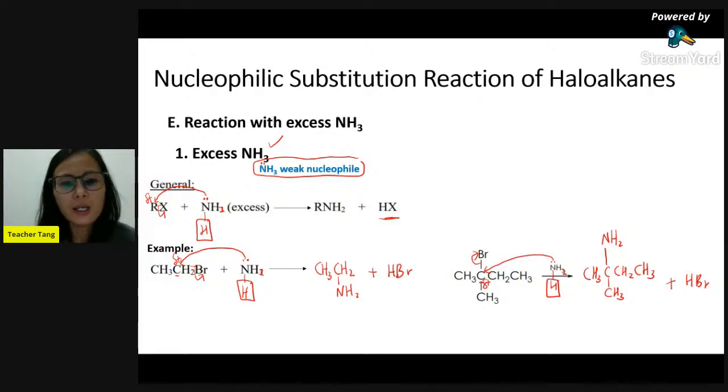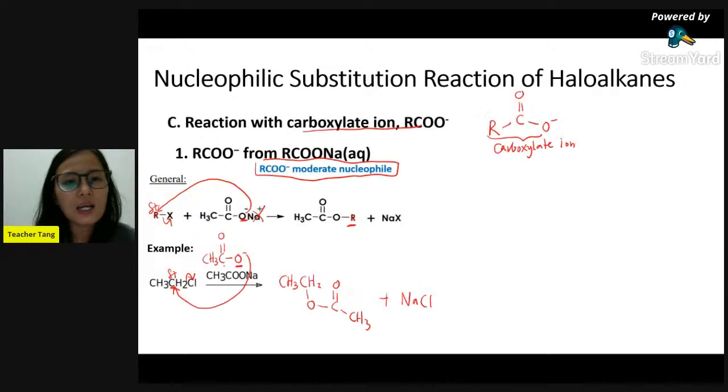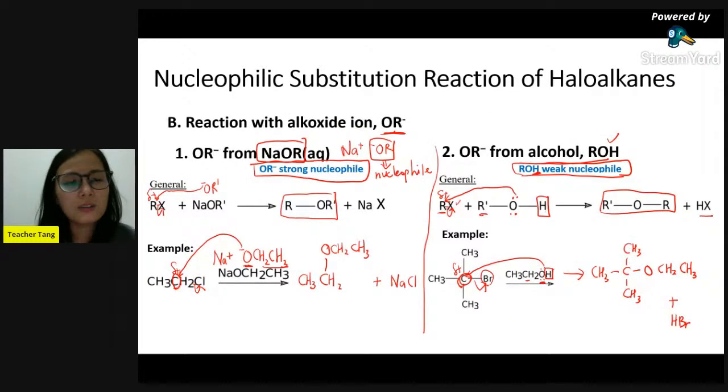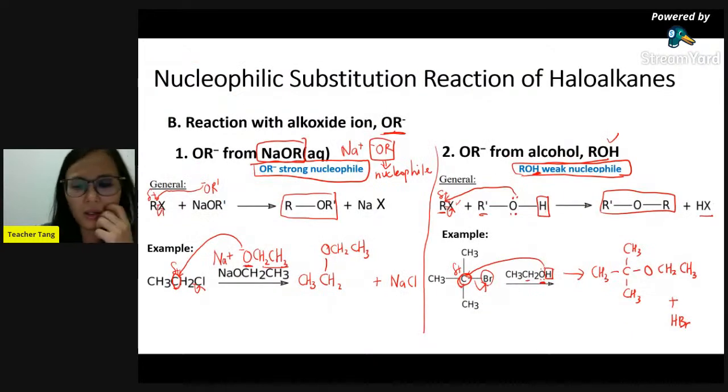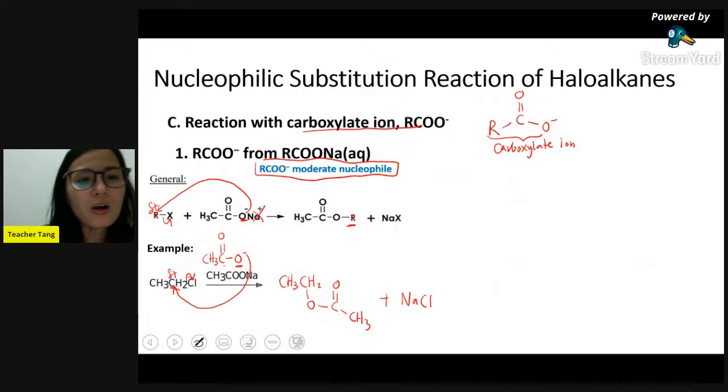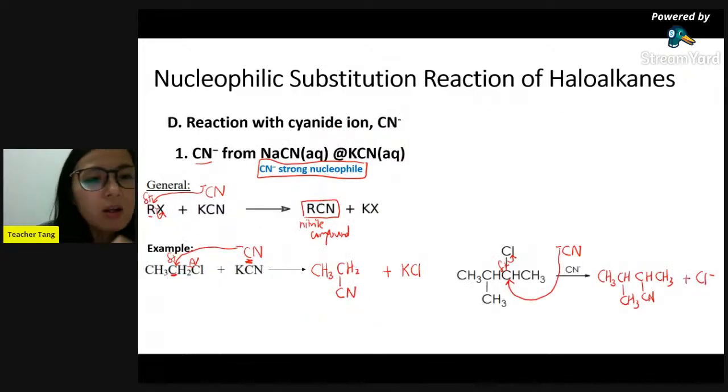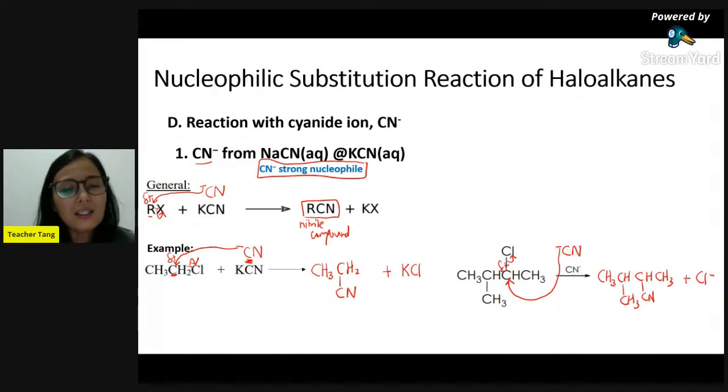Okay, if you have an ion such as hydroxide ion, alkoxide ion, or carboxylate ion, or cyanide ion, what will happen is, when the nucleophile that is negatively charged attacks the carbon, kicking out the halogen, the halogen will leave as the anion, so it will not take the hydrogen. So that is what I want to conclude.